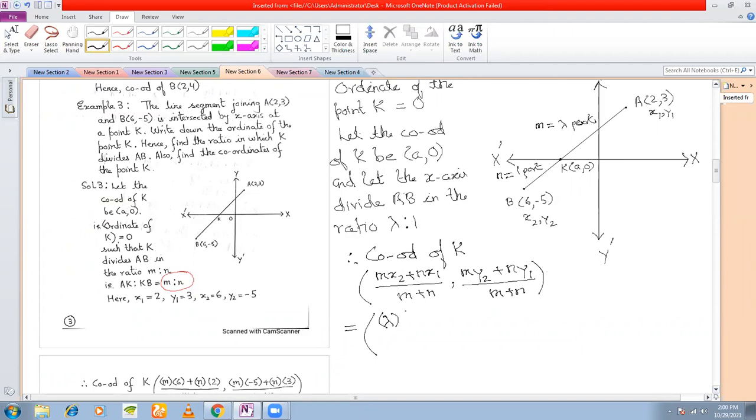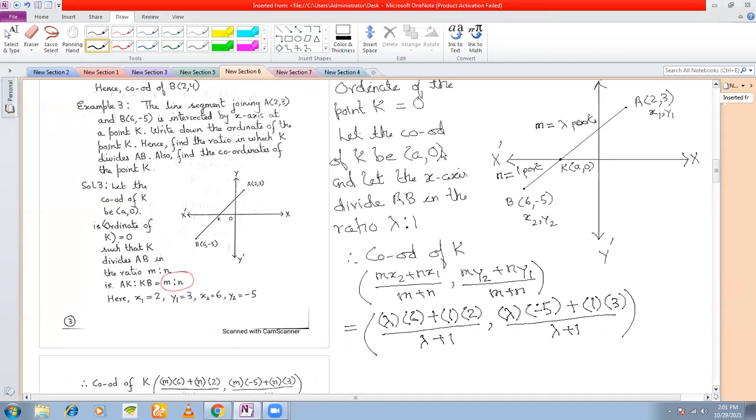So put it here: lambda into x2. x2 here is 6, plus n is 1, x1 here is 2, divided by m plus n, which means lambda plus 1. Again, m is lambda, y2 is minus 5, plus n, y1 is 3, divided by lambda plus 1.